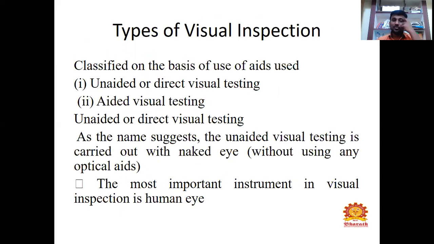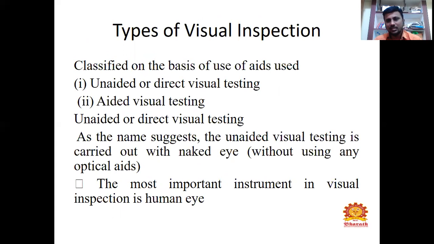Then the types of visual inspection method. It is classified on the basis of the aids used: unaided or direct visual testing, and aided visual testing. These are the two major types.